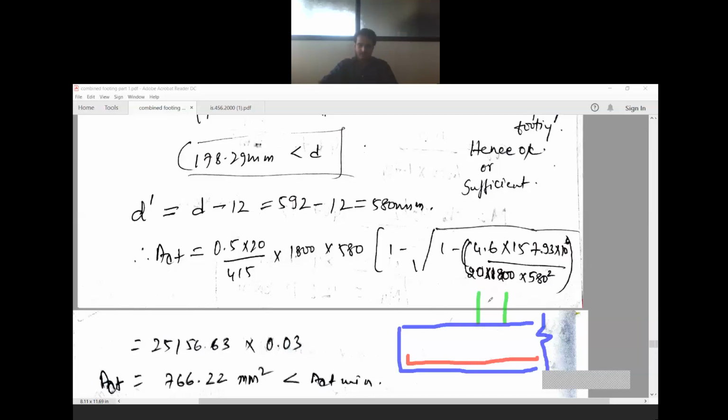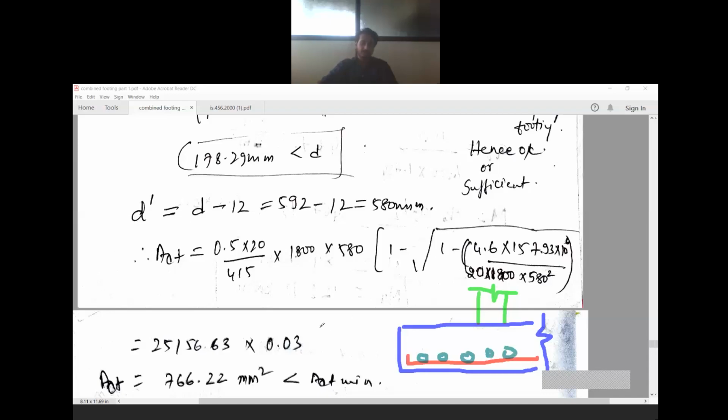Under this column, this transverse reinforcement I have to place. Where I have to place the transverse reinforcement? Over here. So I have to place the transverse reinforcement like this.